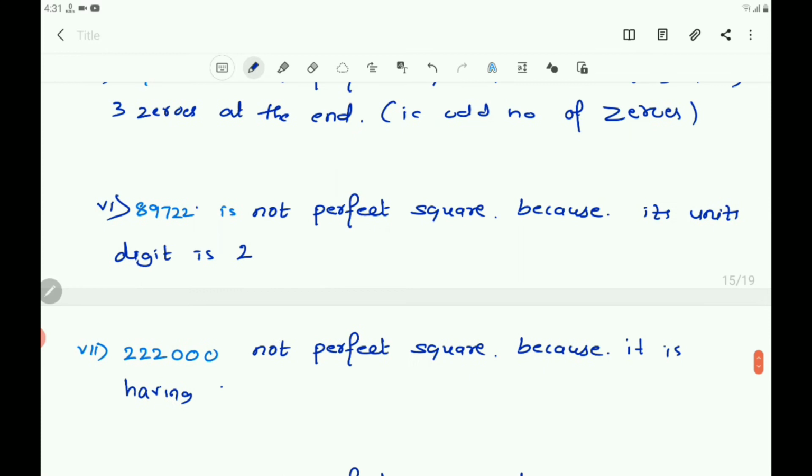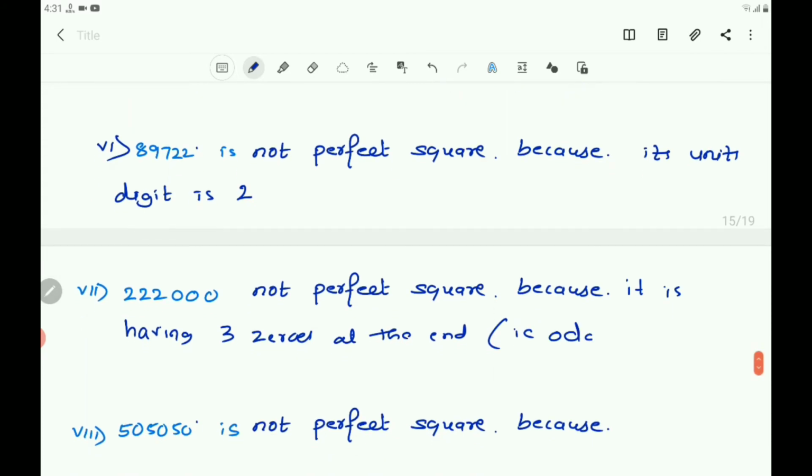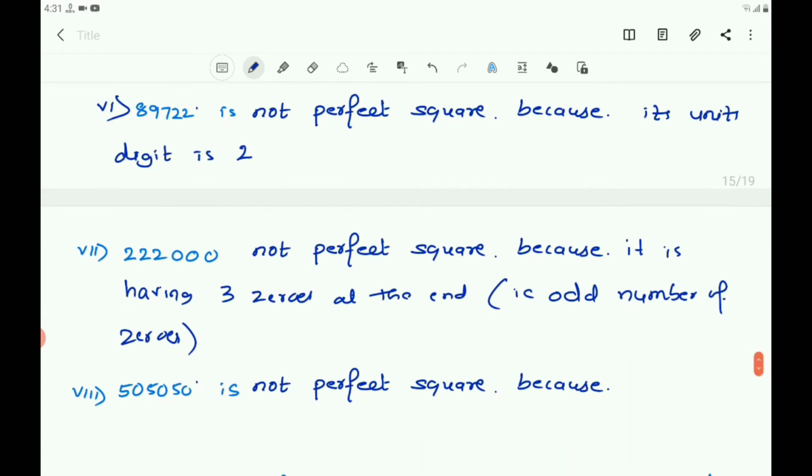That is an odd number of zeros. You know that square numbers must have an even number of zeros, so it is not a perfect square.